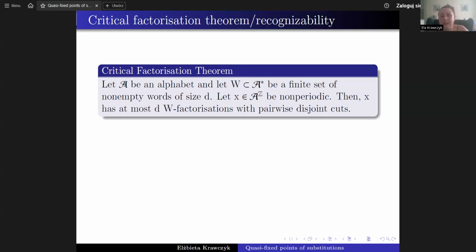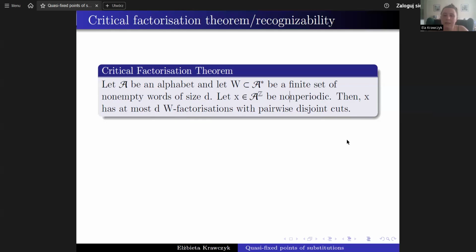And it says that if I have an alphabet and a finite set W of non-empty words of size d, okay, so d is the size of this finite set, not the size of the words. So I have a set of size d of finite non-empty words, and I have some two-sided sequence X, which is non-periodic. Then this sequence X has at most d W factorizations with pairwise disjoint cuts.